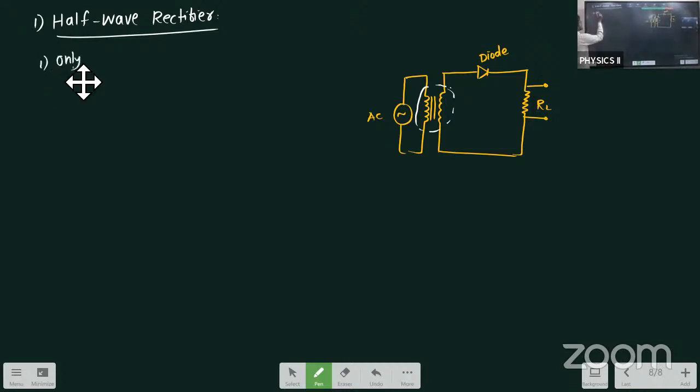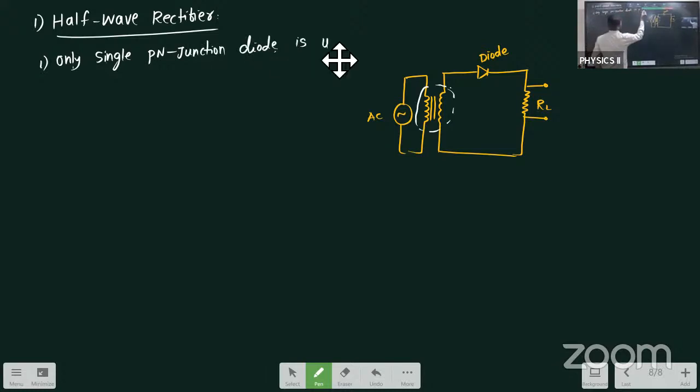Only a single PN junction diode is used in half wave rectifier. What is the first point you are supposed to write? Only one PN junction diode is used in half wave rectifier.